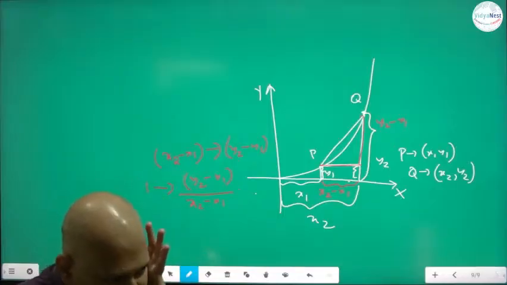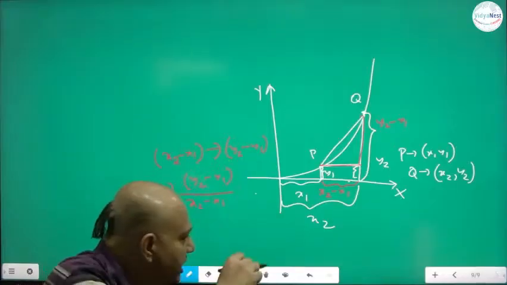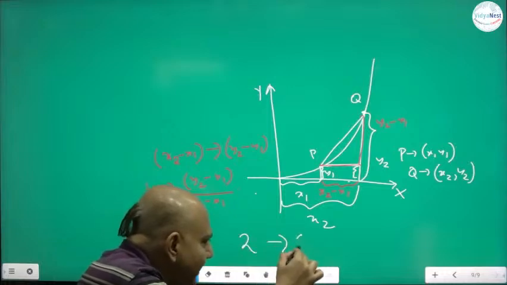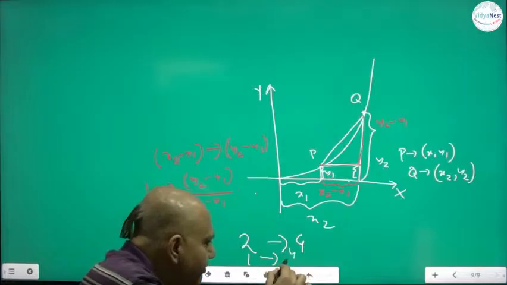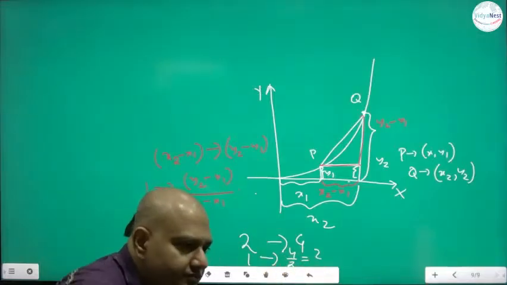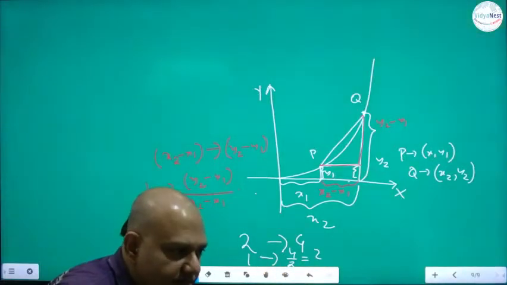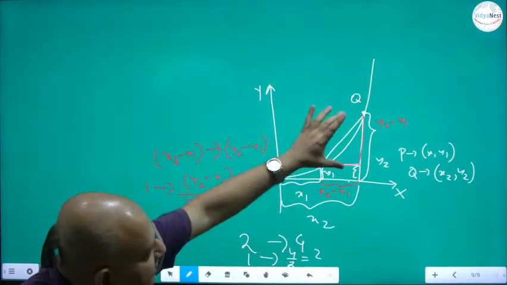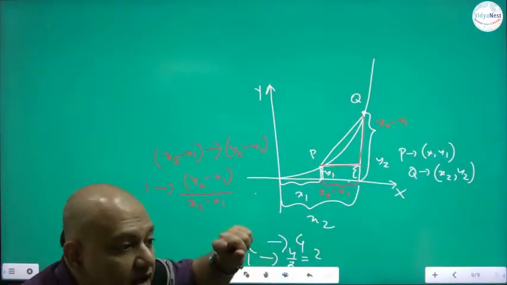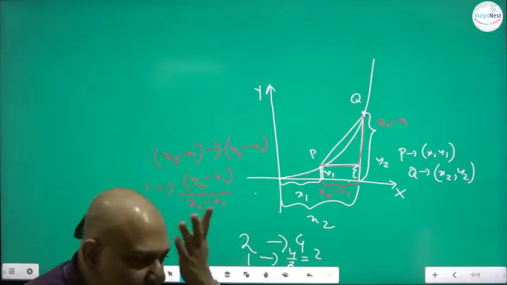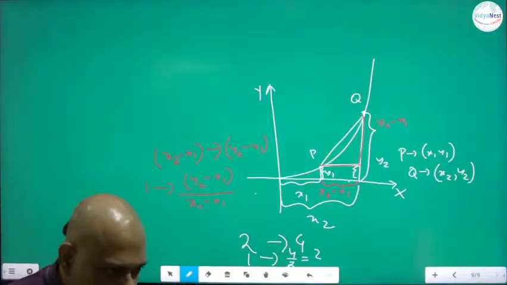So due to the change of 2 years, 4 lakhs. For 1 year, what is earning? 4 by 2, mean 2 lakhs. Understanding? The same thing. Change of y by change of x. It is called rate of change of y with respect to x. Check.